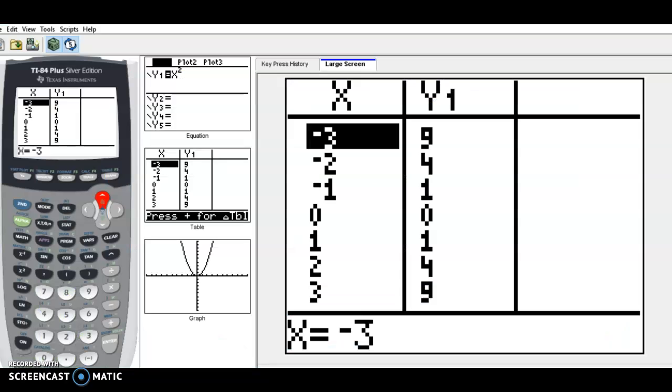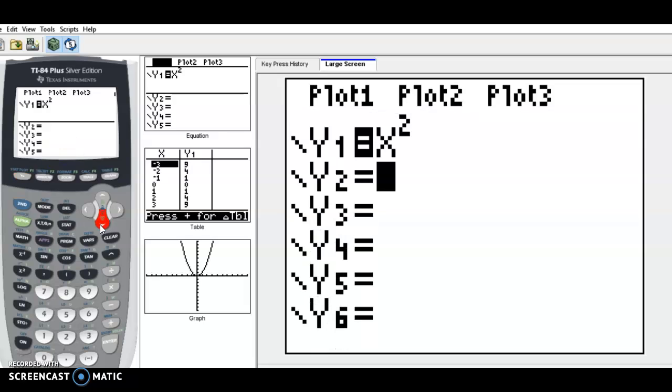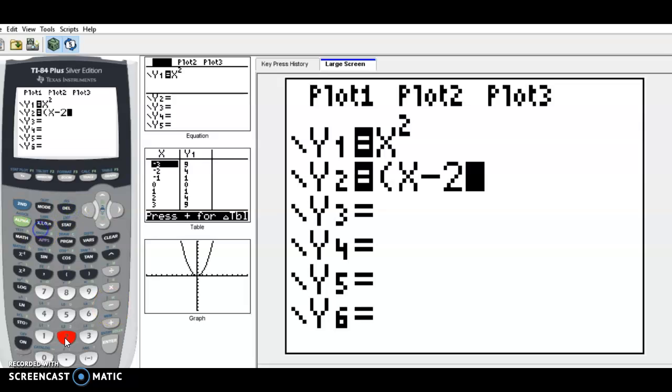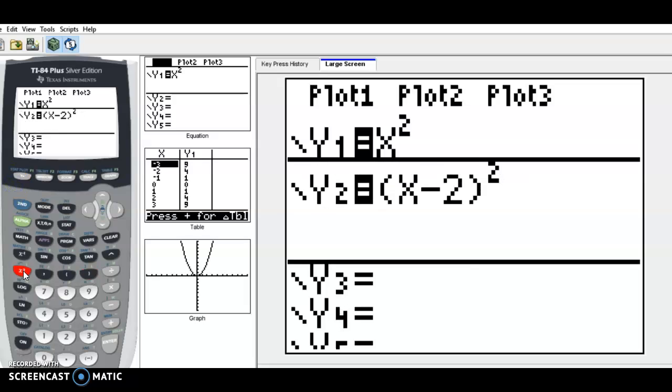So let's do that. Back to y equals, and then you want to type in everything as you see it, parentheses included. So we're going to start parenthesis, variable key. Remember, when I press it, it turns red, so that's how you could try to follow along with me. -2 parenthesis. Now we do want to square this, so x to the second power, we'll square it. And then subtract 4.